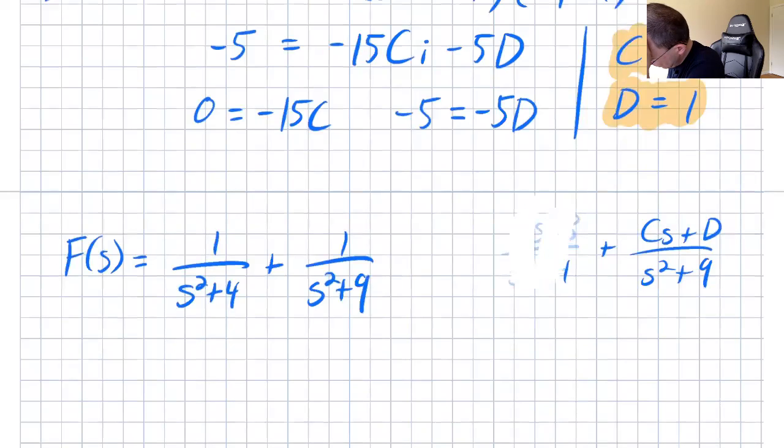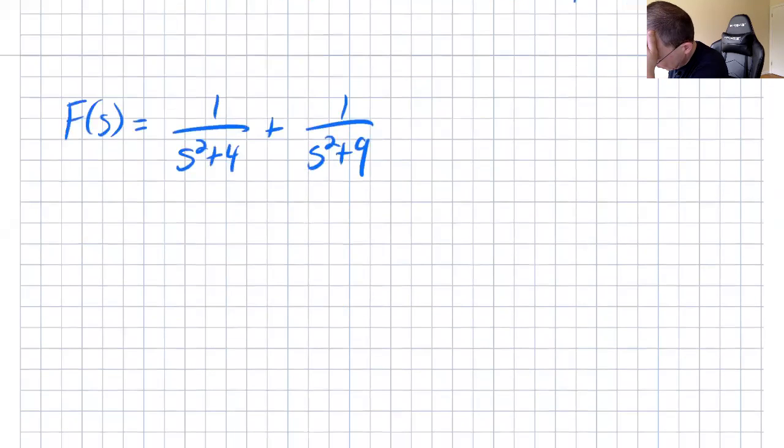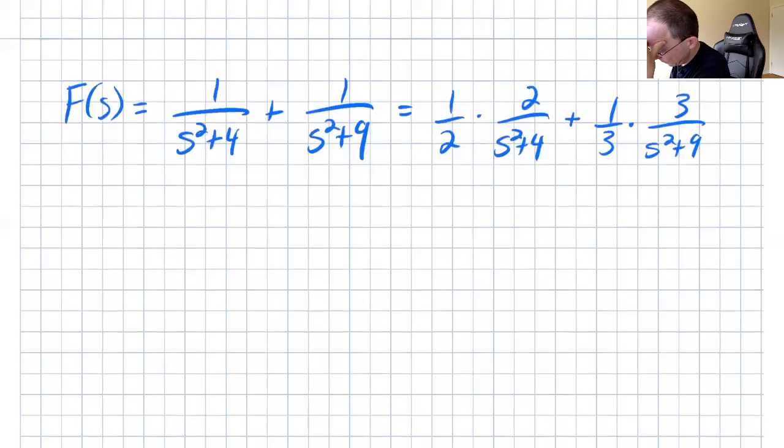Okay. Great. And this is going to be 1 over 2 times 2 over s squared plus 4. So that's going to be our sine 2t, and plus 1/3 times 3 over s squared plus 9. And that'll be sine 3t.